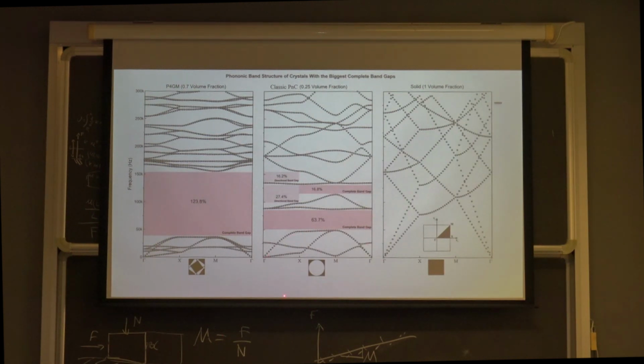And this is the best that we could do for the classic, or P4MM, phononic crystal. For reference, this is if we don't have any voids, just solid, then obviously we don't have any forbidden frequencies. And I guess it's pretty clear that we significantly outperform this classic phononic crystal.